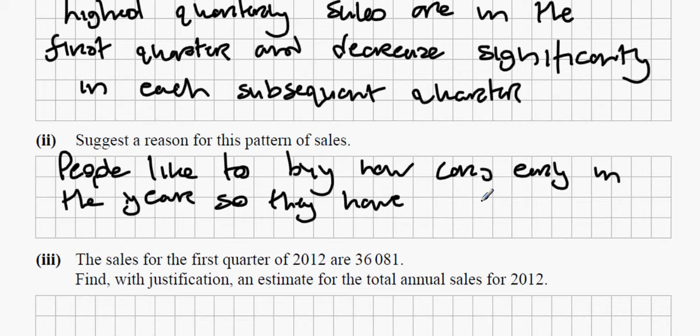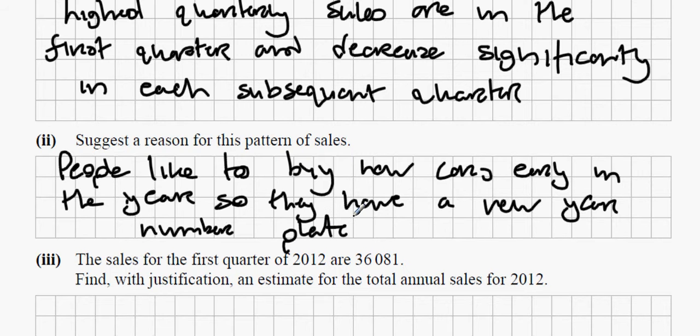Basically, if you're going to buy a car in December, let's say 2012, you might as well wait to January 2013, because the 2013 registered plate means it won't devalue as much.